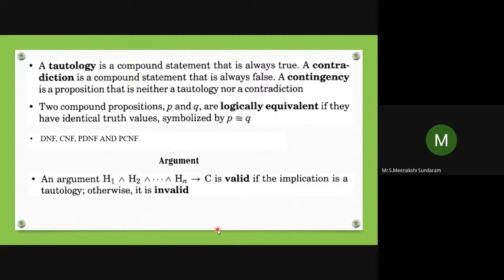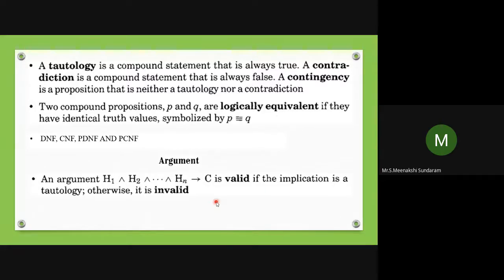This is another way to check: take the biconditional of the hypothesis P and the conclusion Q. If the output is a tautology, they are logically equivalent.